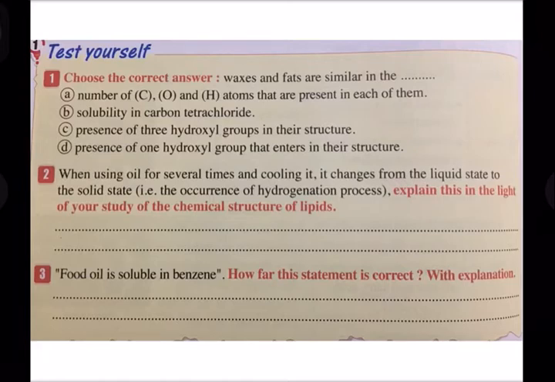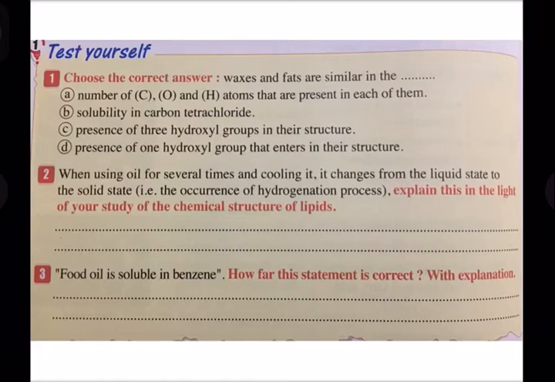Explain this in the light of your study of the chemical structure of lipids. طيب hydrogenation process اللي هي لما يجي يكسر الدبل بوند اللي احنا قلنا عليها في unsaturated fatty acids في الأويل وتبقى single bond ويزود percentage of hydrogen، فكده بيتحول من unsaturated لـ saturated fatty acid ويبقى زي مثلا الفاتس. ودي نفس الطريقة اللي بيعملوا بيها الكريم، ما بيبقاش كريم كده زي ما هو في الأول، لا بيعملوه أويل اللي هو كريم الشعر أو أي كريم، وبعدين يعملوا الهيدروجينيشن دي ويعملوه كريم.